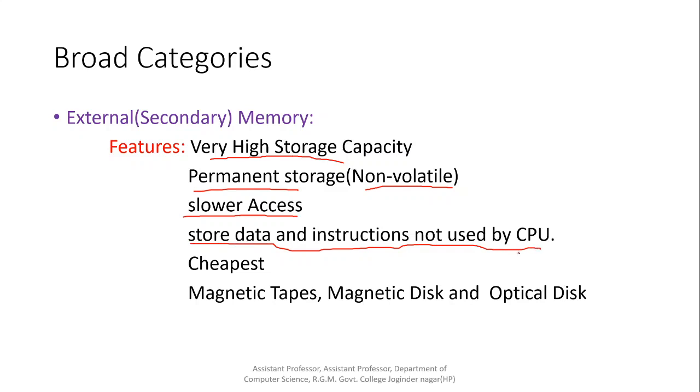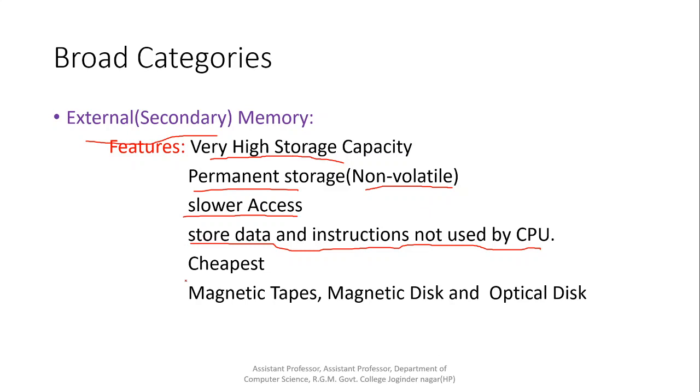When we run some process or program in our computer system, the CPU fetches the data mainly from the main memory, and if we want some data that is not available within the main memory, then firstly the data is transferred from secondary memory, that is the external memory, to the main memory, and that data is then used by the CPU.